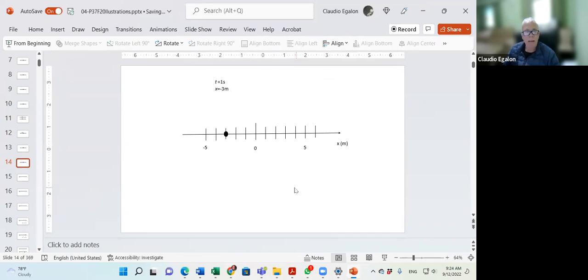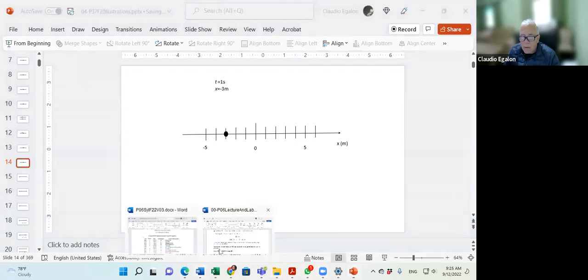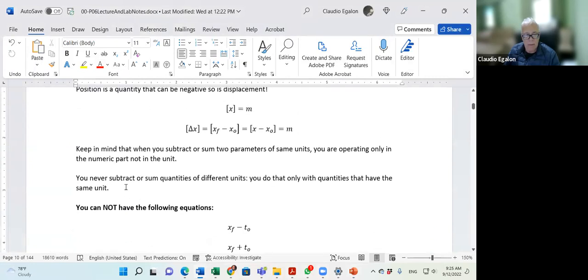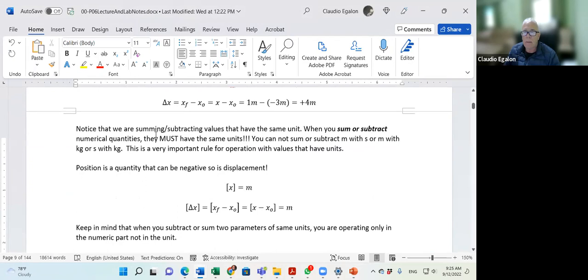And then you do the maths, just like before. You're going to get what? Displacement for this other one. Another example for displacement.